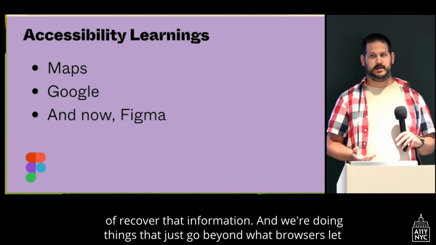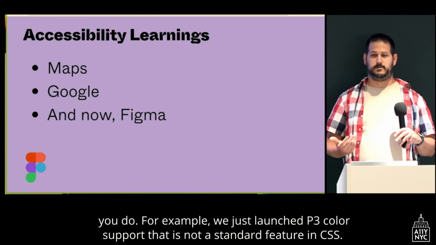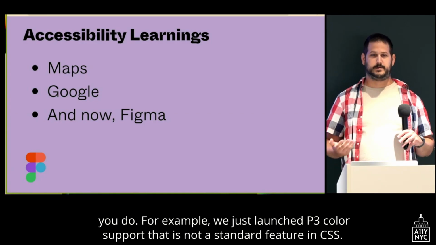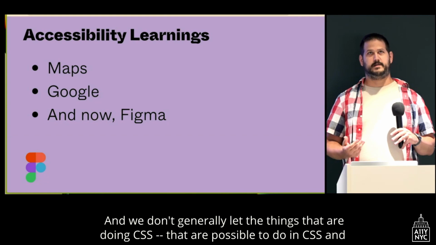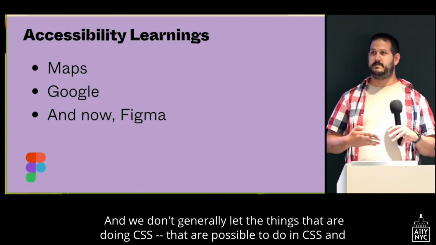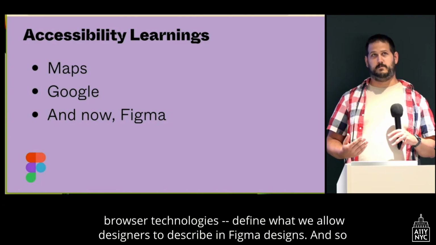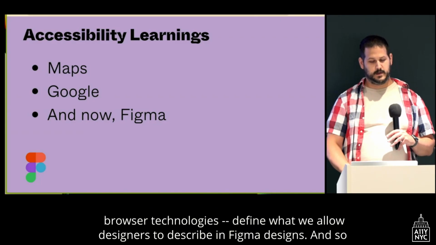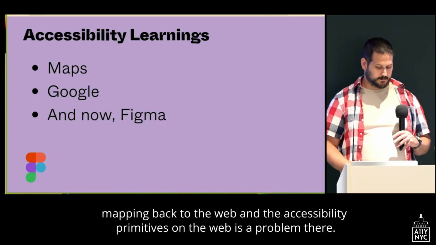And we're doing things that go beyond what browsers let you do. For example, we just launched P3 color support, which is not a standard feature in CSS. We don't generally let what is possible in CSS and browser technologies define what we allow designers to describe in Figma designs. And so mapping back to the web and the accessibility primitives on the web is a problem there.